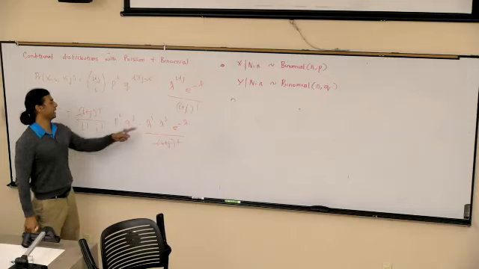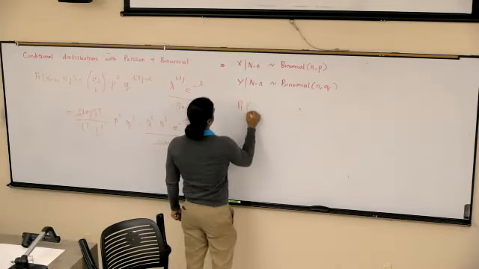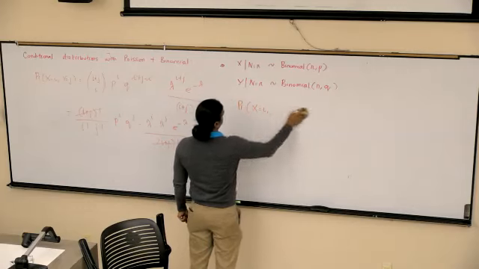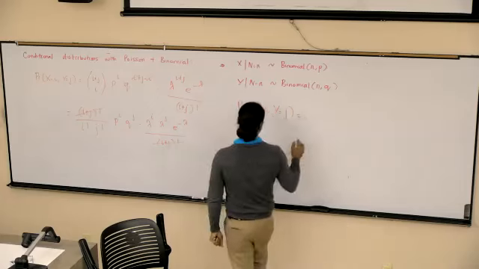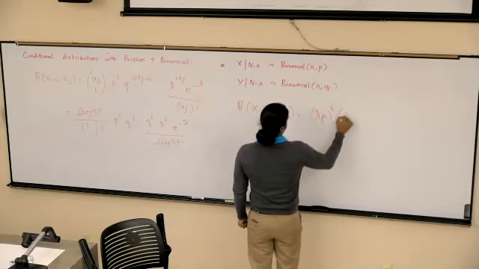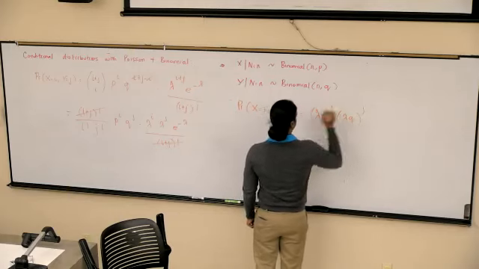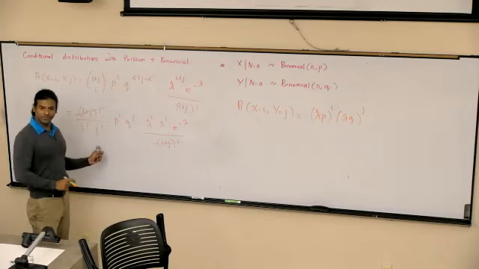Excuse me, lambda and the p, lambda and the q. So probability of x equal to i, y equal to j is lambda p raised i, lambda q raised j, over i factorial, j factorial.